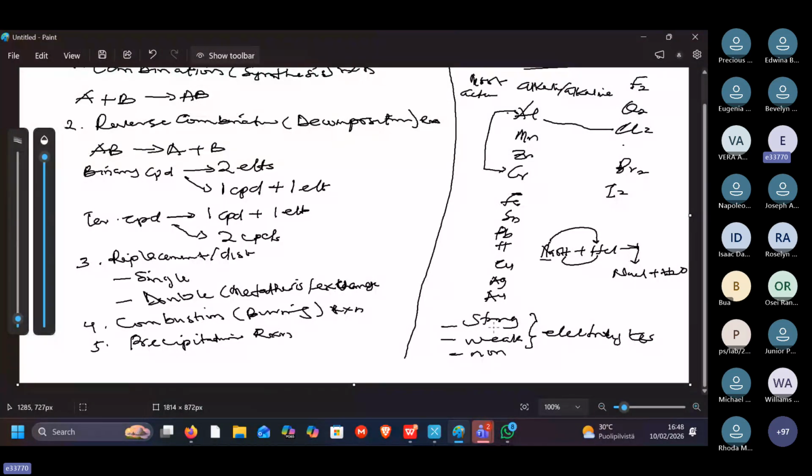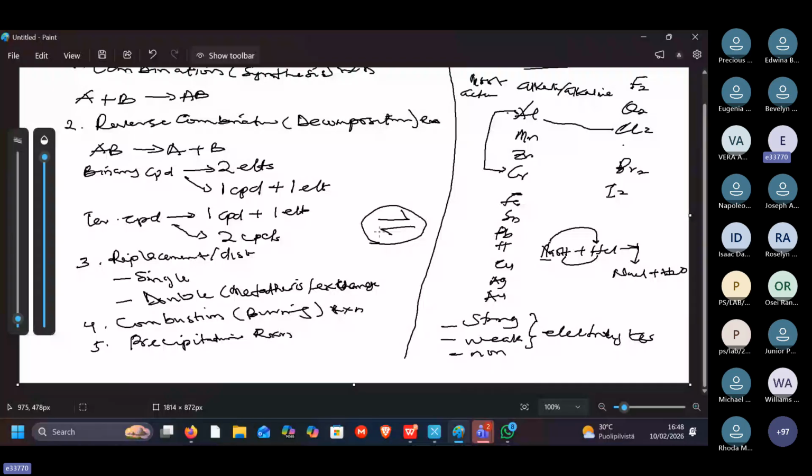Then we can have the weak electrolytes, which are like weak bases and weak acids that will dissociate partially. So they don't dissociate fully, but partially. We'll use the arrow which shows that this is partial dissociation. They are not fully ions, and so they will allow the flow of electrons partially.